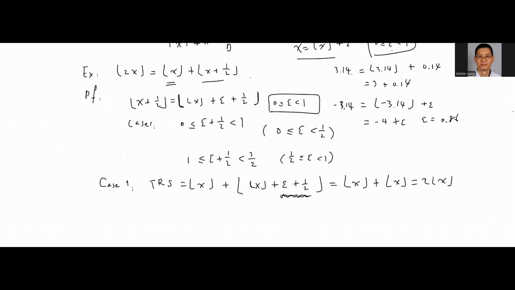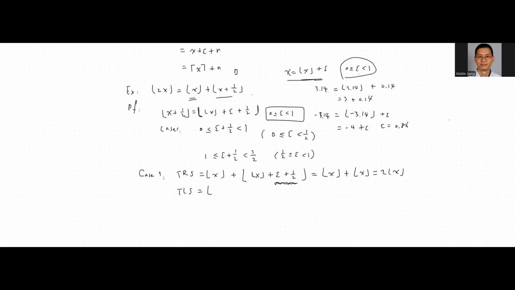So let's look at the left side. The left side is 2 times x, but we have x equaling the floor of x plus epsilon. So I have 2 times the floor of x plus epsilon. I'm going to do some algebra inside the first floor notation. So you have 2 times the floor of x plus 2 times epsilon. Now, case 1 is when epsilon is greater than or equal to 0, less than half.